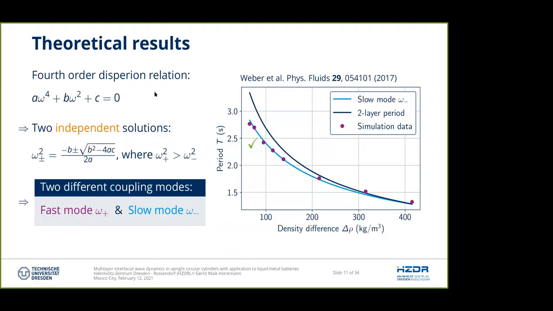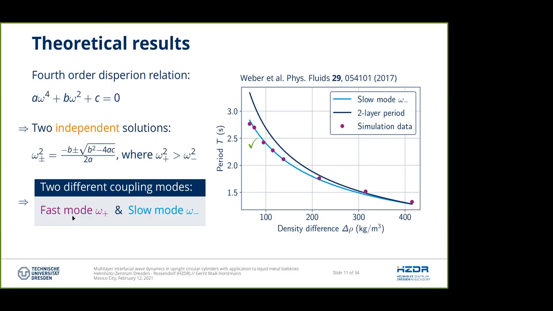And from my potentials and my boundary conditions, I could derive a dispersion relation where the coefficients A, B, and C depend on all the parameters of the model. There are lengthy coefficients I don't want to show here, but the important thing is that it's a quartic equation which has two independent solutions, where it can be shown that one solution is always greater than the other one.